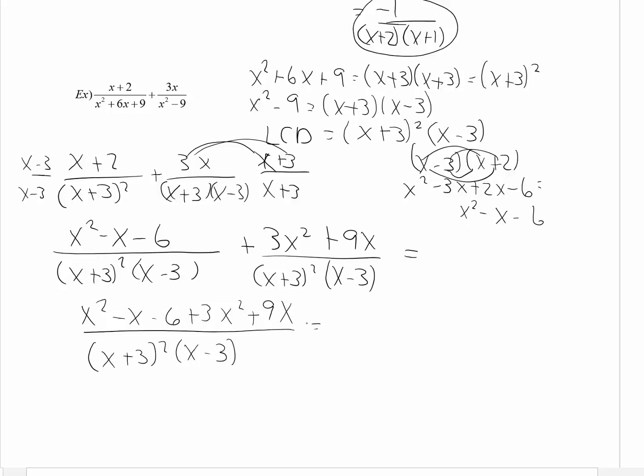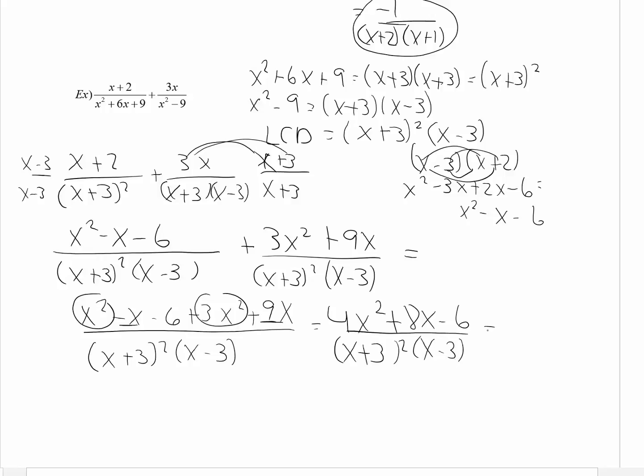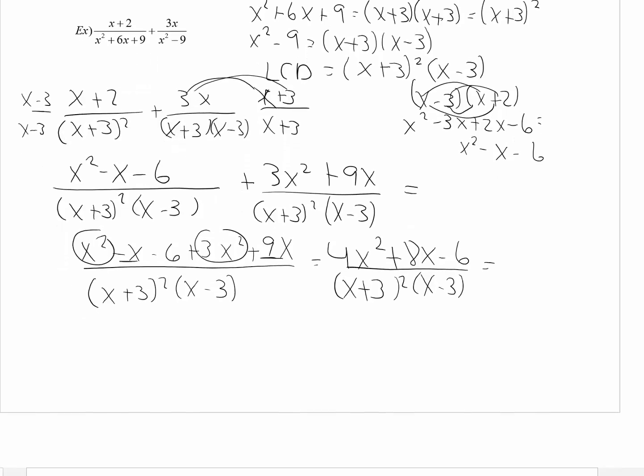Combine like terms. Okay. Now, I'm going to factor out a 2 from each term in the numerator.